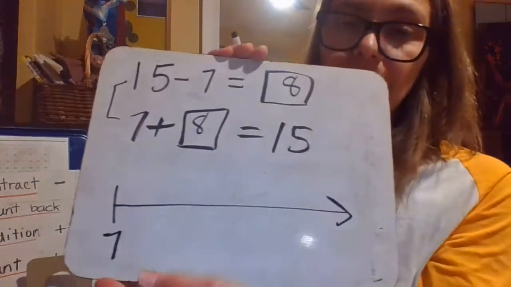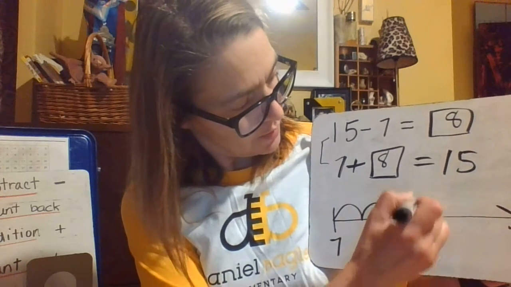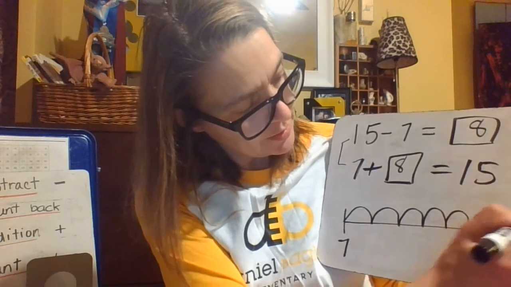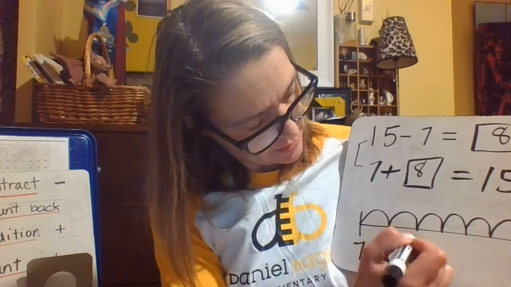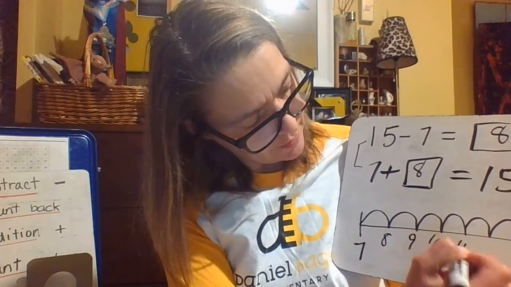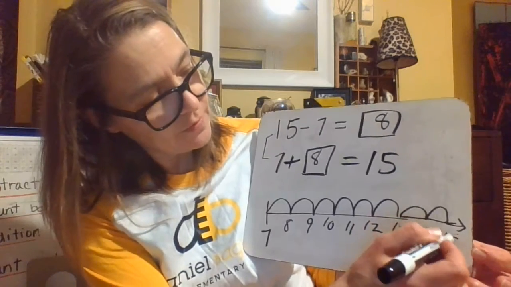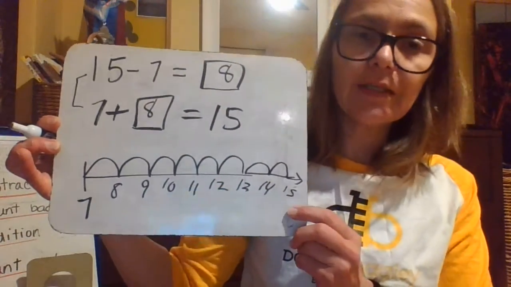We would start with 7 and count up jumps: 7, 8, 9, 10, 11, 12, 13, 14, 15. We're double checking, and we landed on 15.